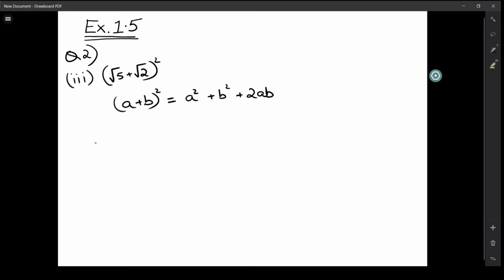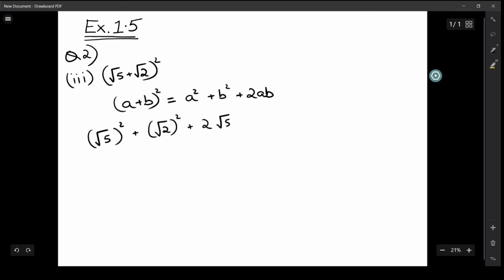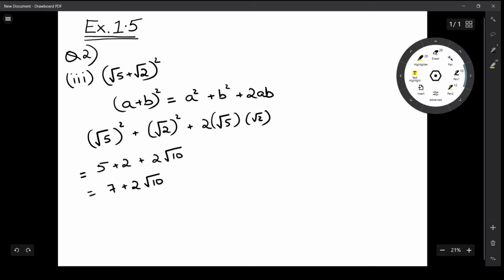So using this property over here, it gives us root 5 square plus root 2 square plus 2 times root 5 into root 2, which is nothing but 5 plus 2 plus 2 root 10. Simplified further is 7 plus 2 root 10. That's the solution for the third part.